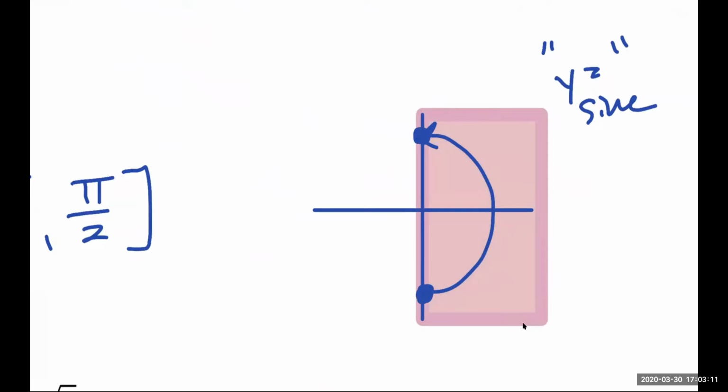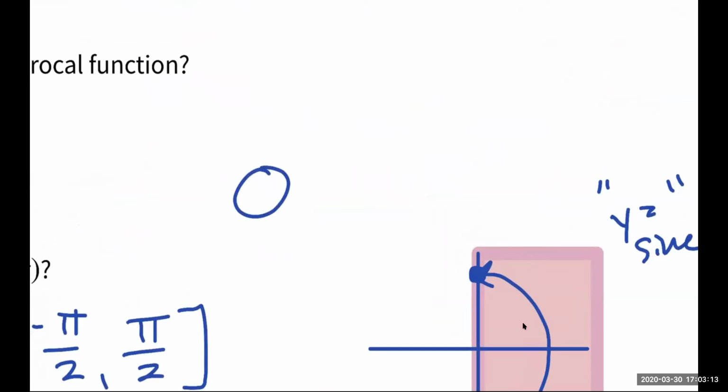So that's one of the big takeaways here: when you're using arcsine, you're only going to get angles back that are in quadrant 1 or quadrant 4.